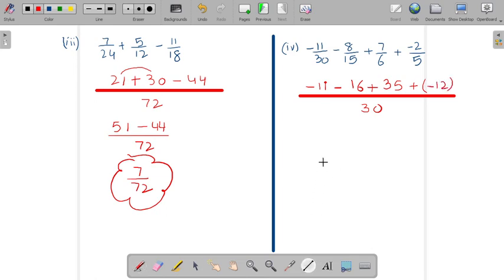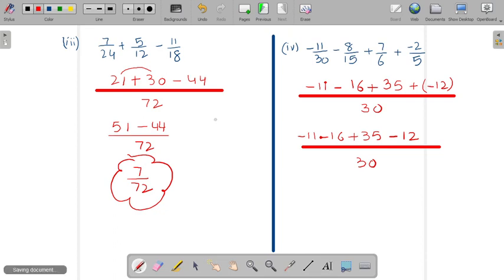Now in the next step, you can open the bracket over here. So it would be minus 11 minus 16 plus 35, and plus multiply minus would be minus, so minus 12 upon 30. Now tell me, what should be the next step? These are the negative terms.